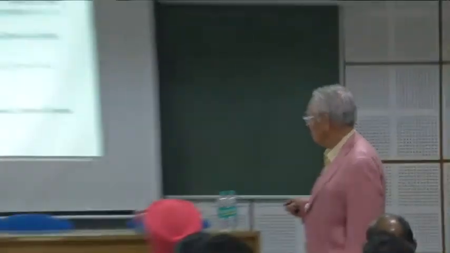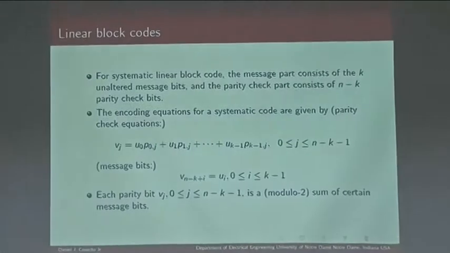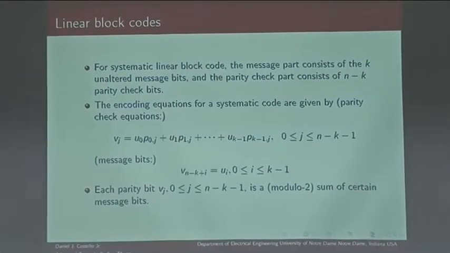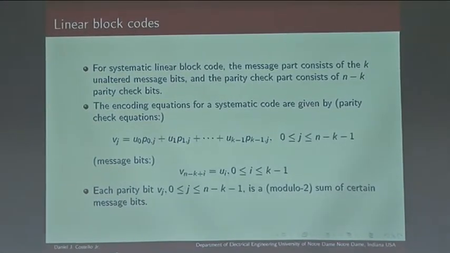The parity bits are just formed by certain linear combinations, which are given directly by the bits in the parity part of the generator matrix. So the generator matrix point of view of defining a code is oriented towards making it easy to encode.